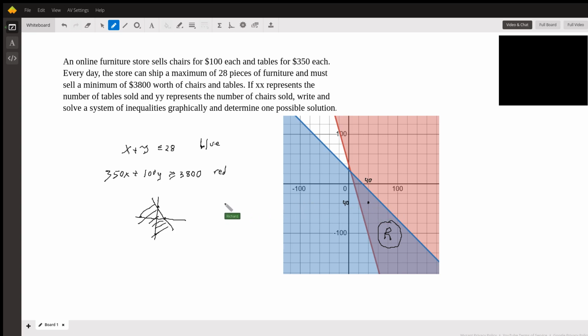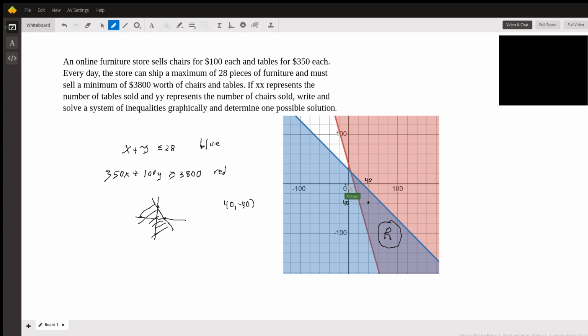So it'd be 40 comma negative 40, but actually now that I see this, you can't make negative tables. Okay, sorry about that. We need to put other constraints on this.